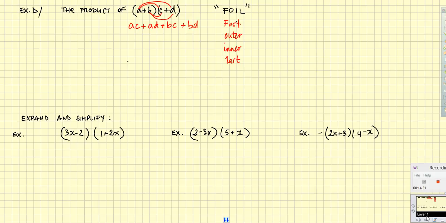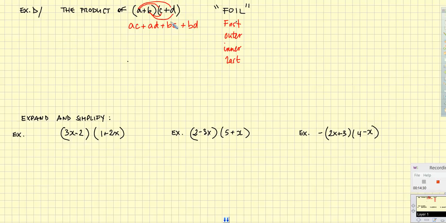Okay, so FOIL, what we're basically doing is an extension of the distributive property, except instead of multiplying one term by something inside a parentheses, we're multiplying two parentheses together.